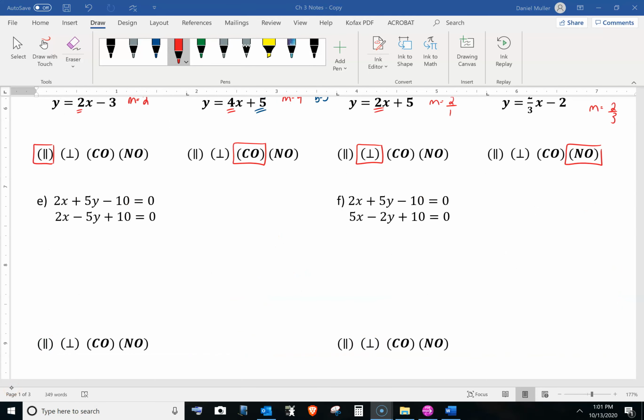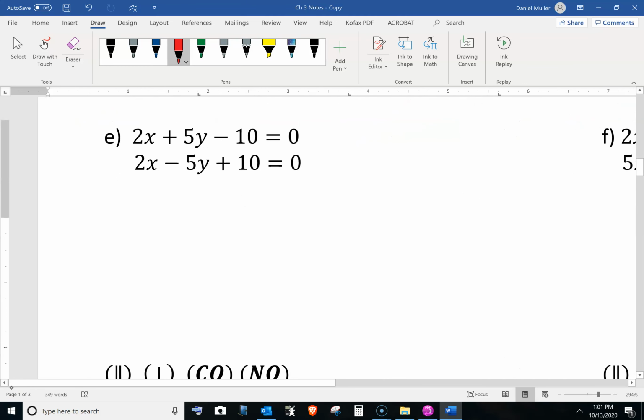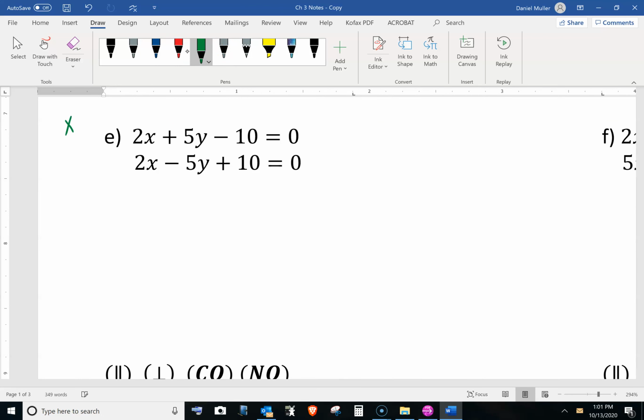Now if we slide down, we see that we've got a couple more. Now these are not written in a way where I would know what to do. So for these ones, let's put a star here. Get the y alone. That's what we're going to do here. So I'm going to have to separate this.